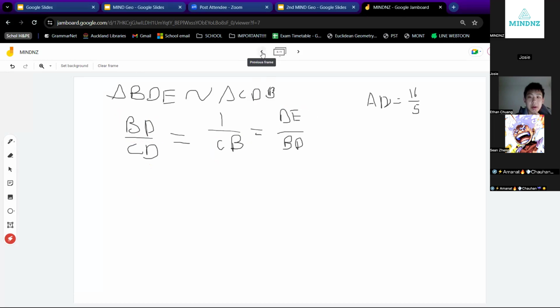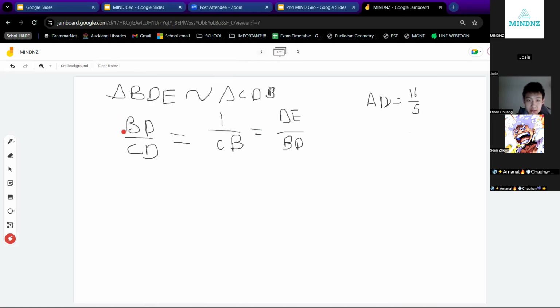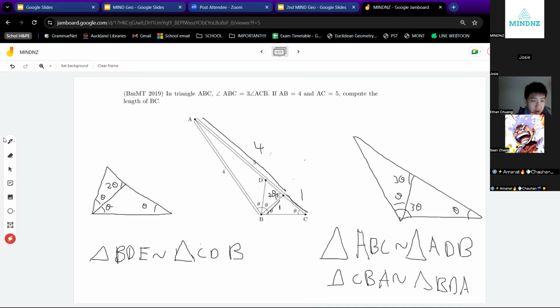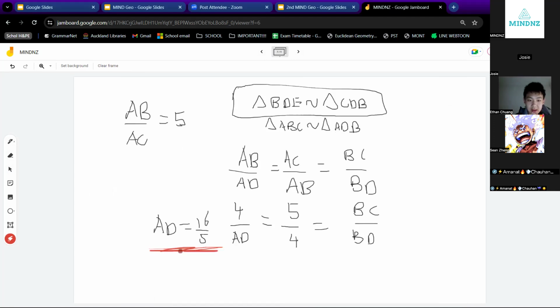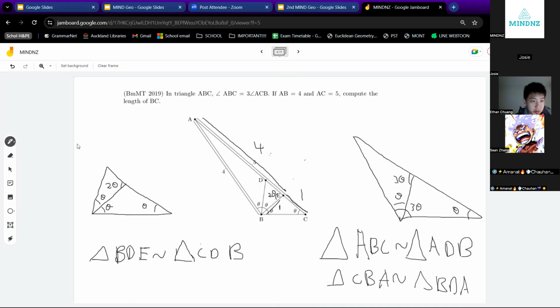But you'll notice that we can actually find CD and DE because from our previous ratio, we found that AD is equal to 16 over 5, right? So this side length here is 16 over 5.